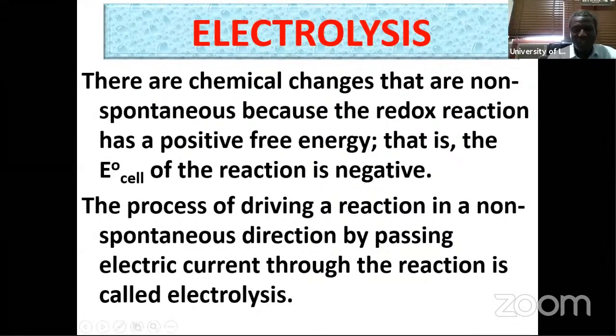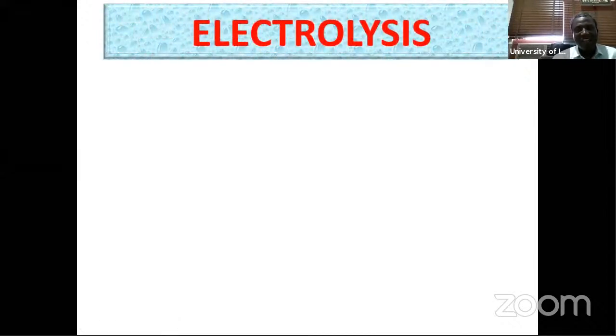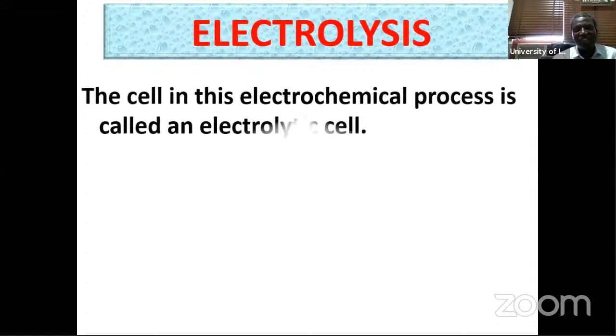When you pass electric current through such a chemical reaction, that is what we call electrolysis. It's like the opposite of your electrochemical cell, and in this electrochemical process, the cells are called electrolytic cells.